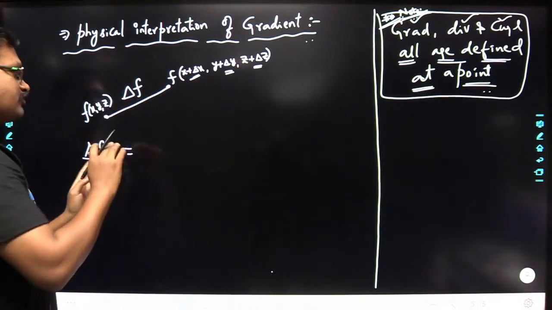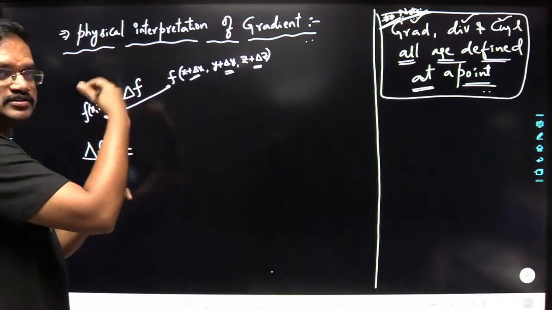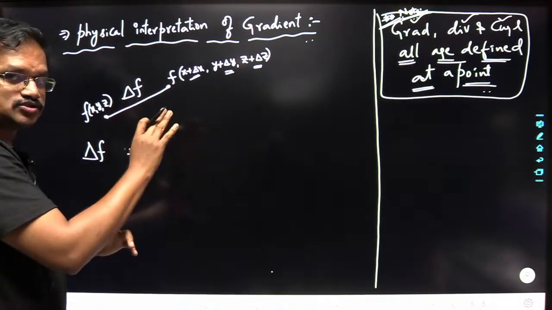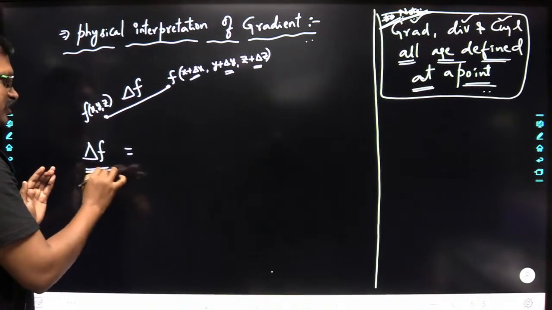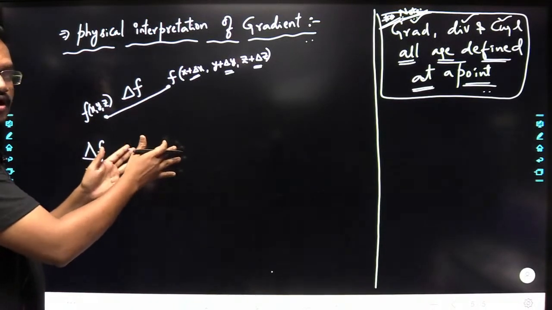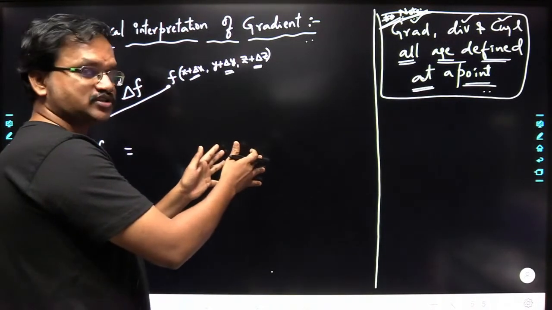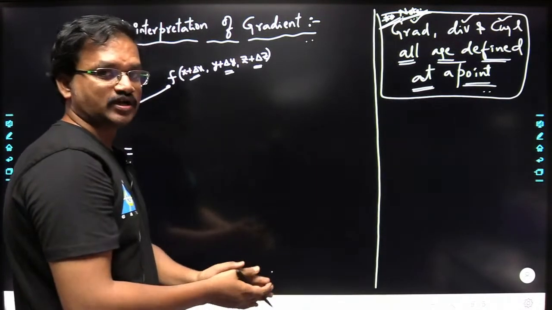So the function is varying along x, the function is varying along y, the function is also varying along z. Understood? So now I can represent the total change in function as the change along x plus the change in function as you move along y plus the change in function as you move along z. Yes or no?